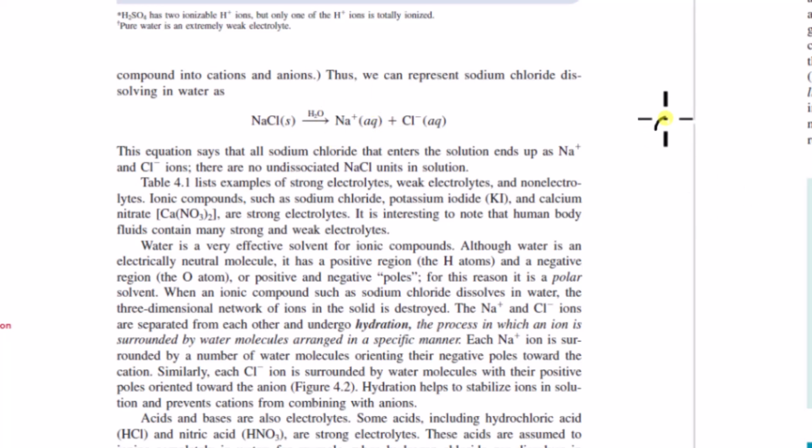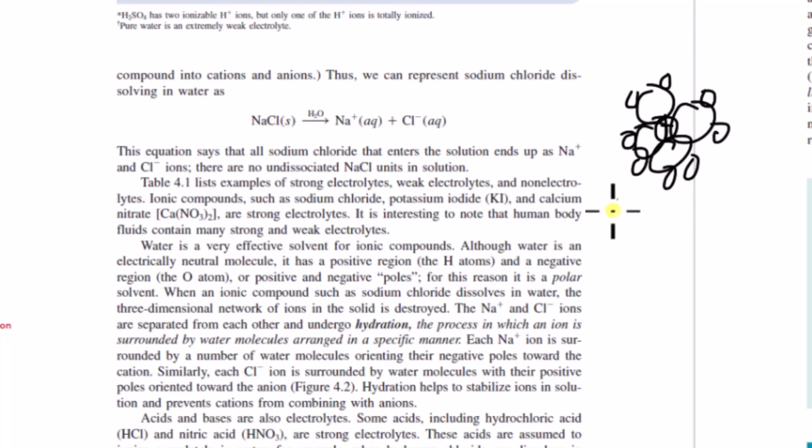You have a positive ion that's completely surrounded and bonded with the weaker polar bonds, but still bonded to water molecules on the oxygen end, right? It's dissolved, in an aqueous environment. The sodium cation, the same idea with the chloride anion. That's why you put the state as aqueous.